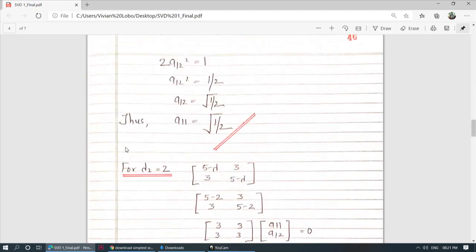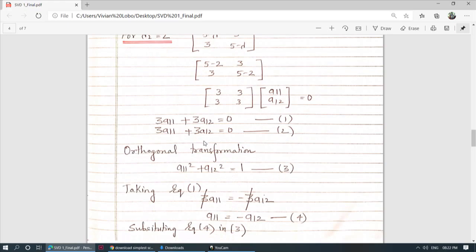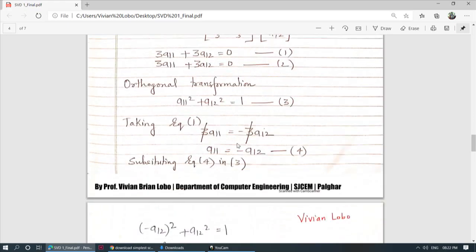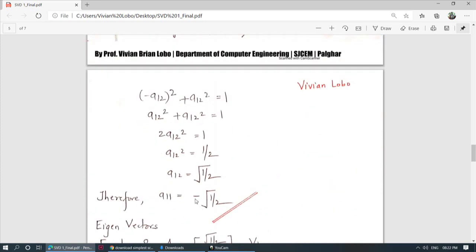In a similar manner, you have to do it when lambda 2 is equal to 2. So when I am performing the same operation over here, instead of 8, I have taken here 2. I am getting two equations, applying orthogonal transformation and substituting the values, and therefore I get A11 to be minus root of 1 by 2 and A12 to be square root of 1 by 2.